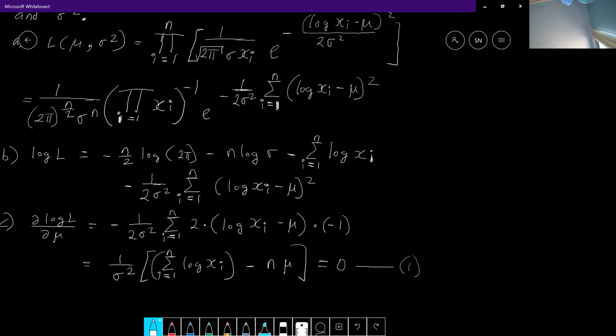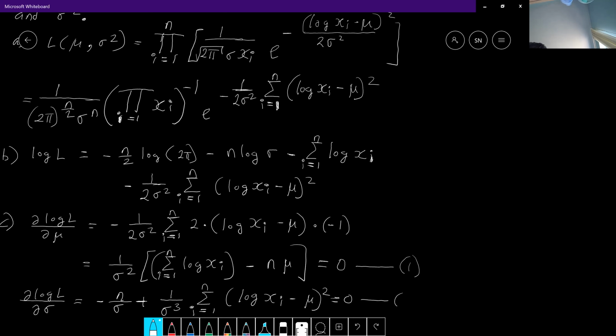Okay, and then now we need to do the partial derivative with respect to sigma, right? So that's going to be n over sigma plus 1 over sigma cubed, equal to 0.